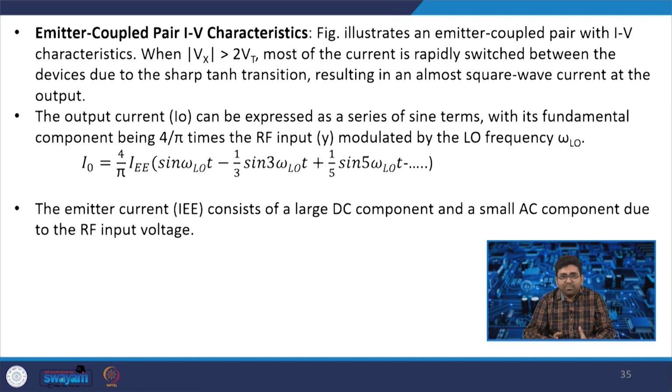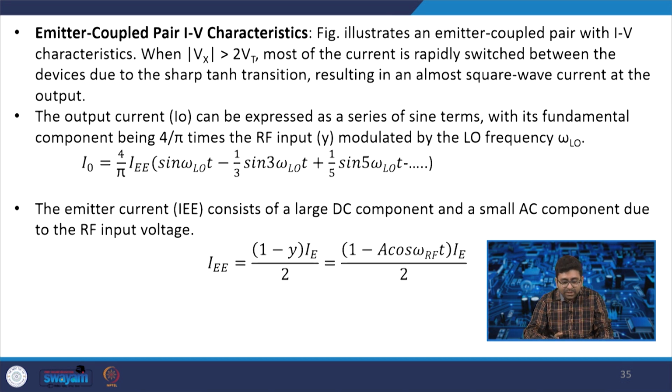Due to the RF input voltage, what you will get is IEE, which is 1 minus a cos omega RF t into IE by 2. So, here x is a sin and y is a cos.